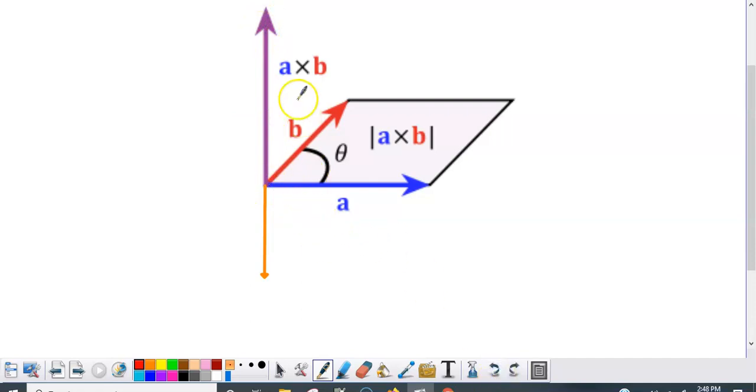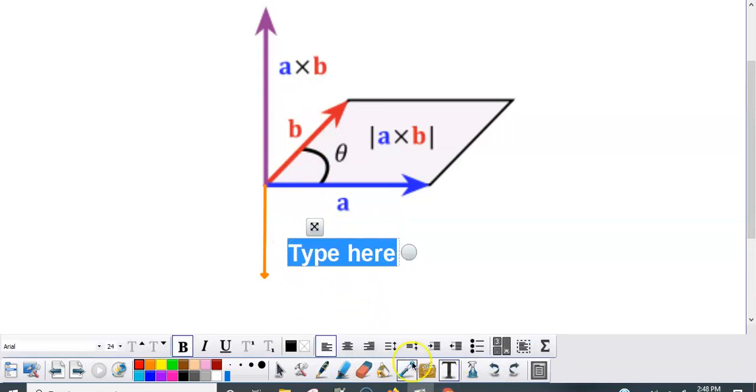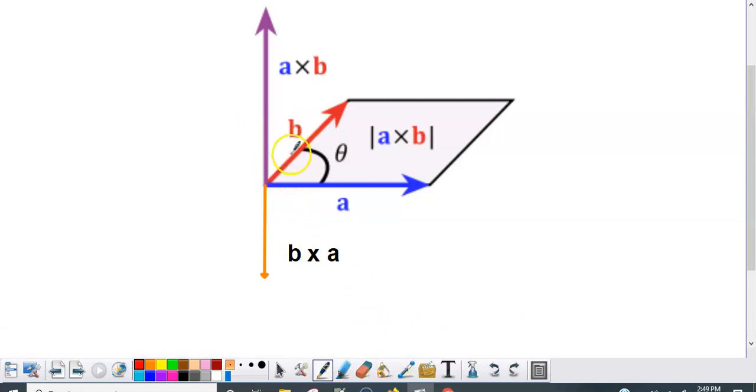What if we changed the order of the cross product? What if we did this calculation? What if we did vector B crossed with vector A? Well, if I did vector B crossed with vector A, I would start with the fingers on my right hand along vector B. Now, let's say the palm of my right hand faces this direction. I'm not curling through the smallest angle toward vector A if I place the fingers on my right hand that direction.